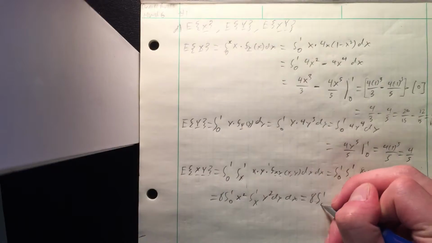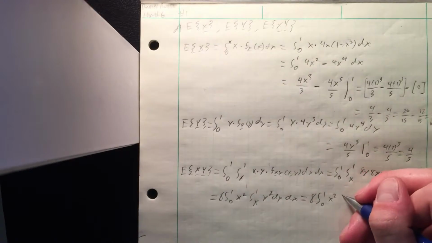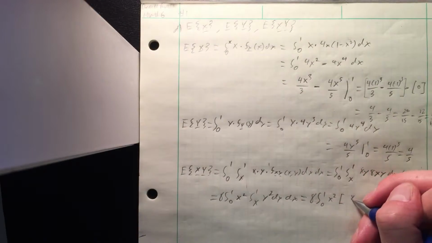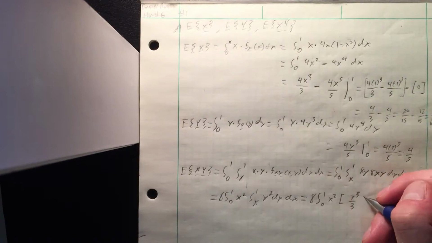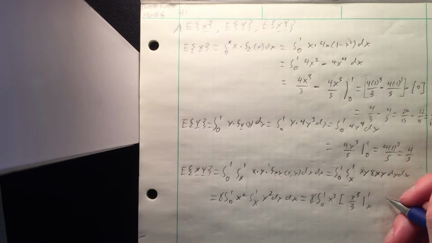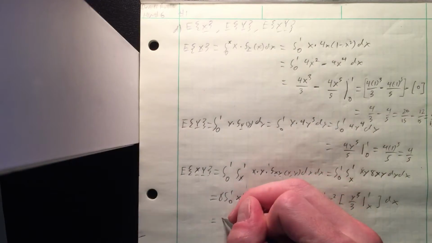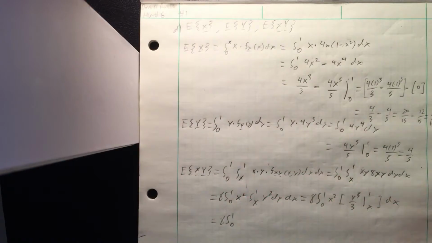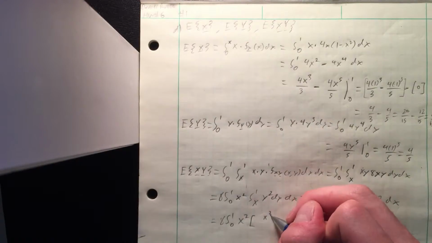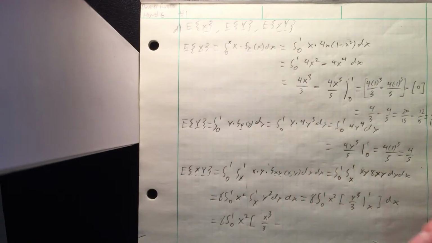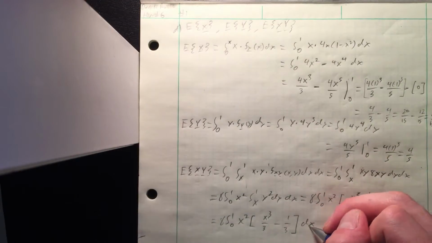So 8 times the integral from 0 to 1 of x squared, y cubed over 3, evaluated from 1 to x, dx. Go over here, 8, 1 to 0, x squared multiplied by x cubed over 3 minus 1 over 3 dx.